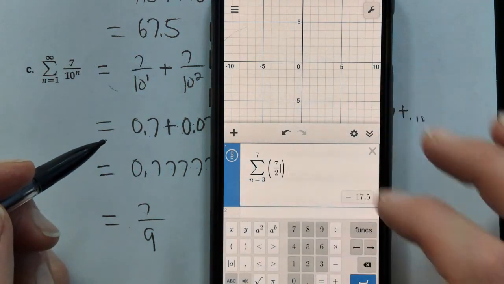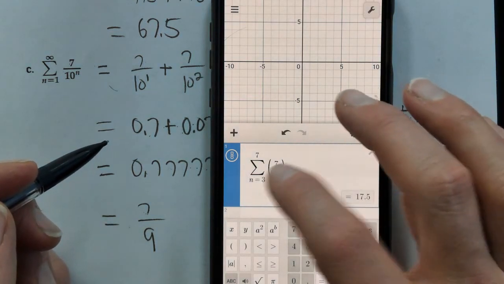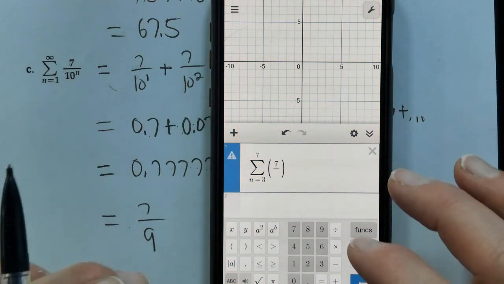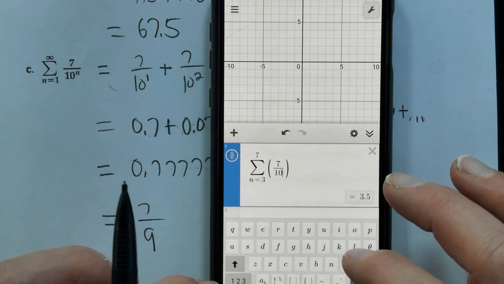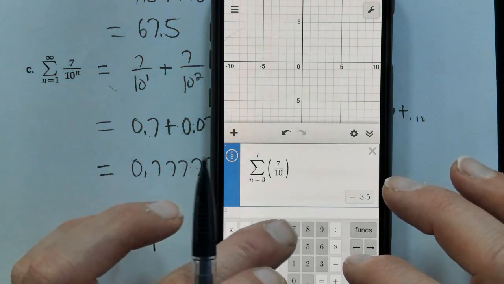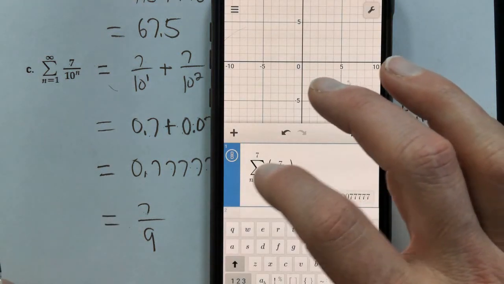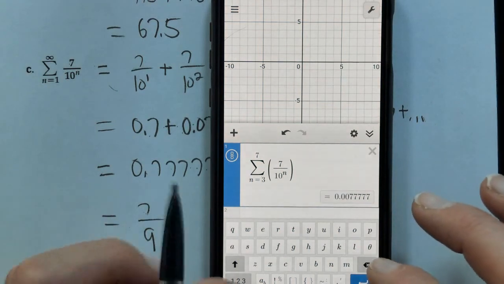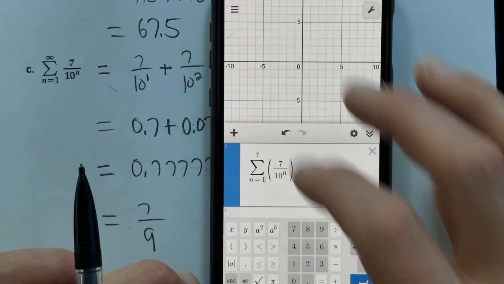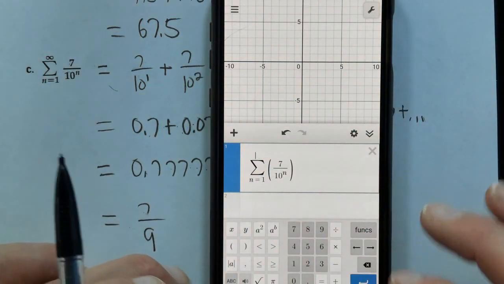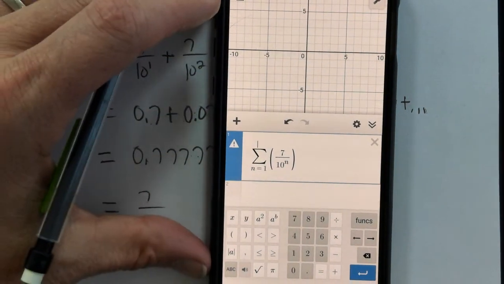We can put 7 over 10, right, to the n power. And we start with 1. But there's no symbol for infinity that I'm able to find on Desmos. Perhaps you can find it. If you do, let me know, because I don't know where it is.